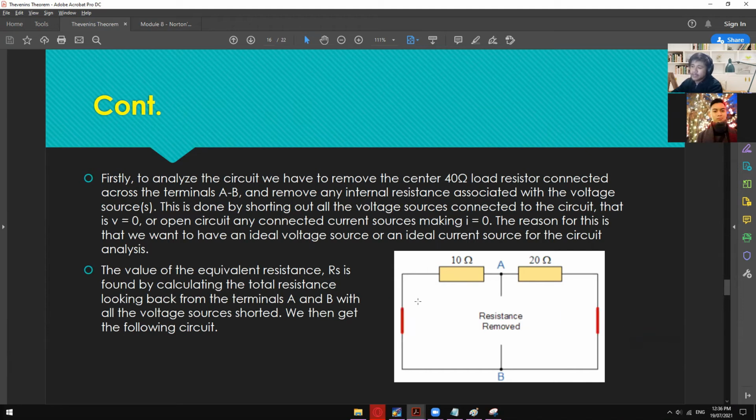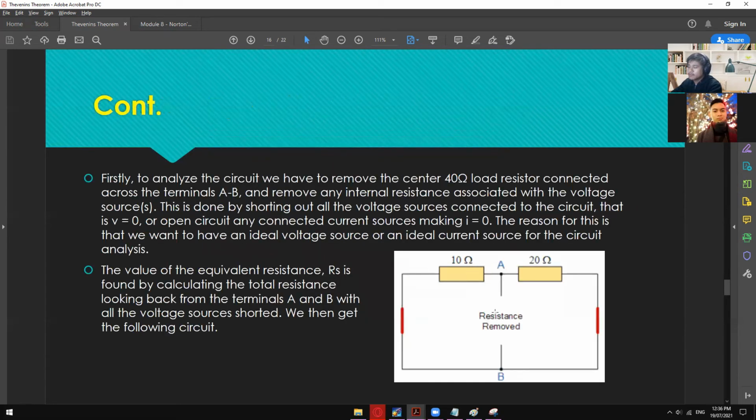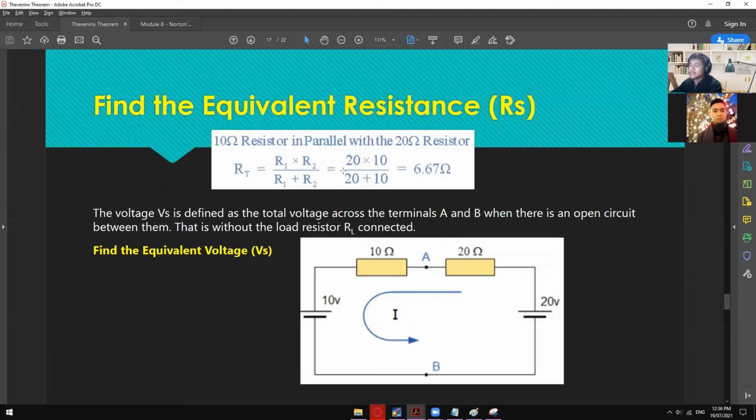If it's a voltage source, just short it. If it's a current source, just leave it open. From here you can now find the RS, or the RTH. They are of course in parallel with each other due to this node A and B. So 20 times 10 divided by 20 plus 10 will give you a value of 6.67 ohms.